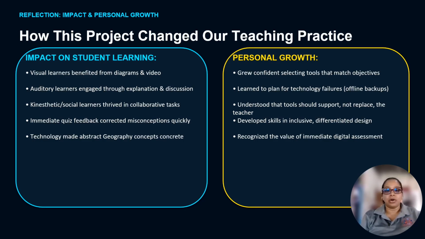The auditory learners engaged through the explanation and discussion, and the kinesthetic and social learners thrived in the hands-on collaborative task, right? The instant quiz feedback meant misconceptions were corrected on the spot, not a week later. Overall, technology took an abstract geography concept and made it concrete.